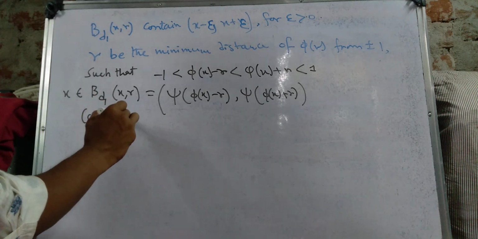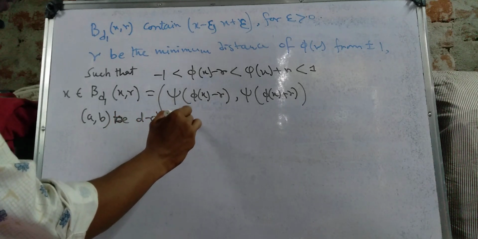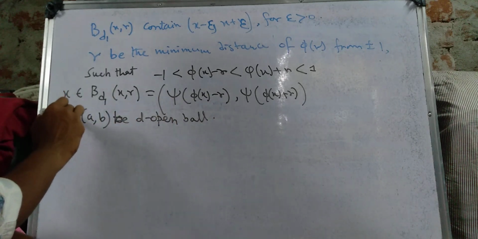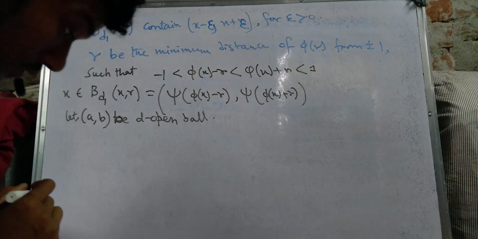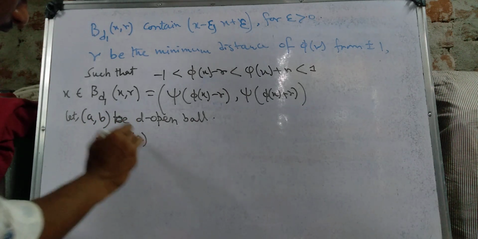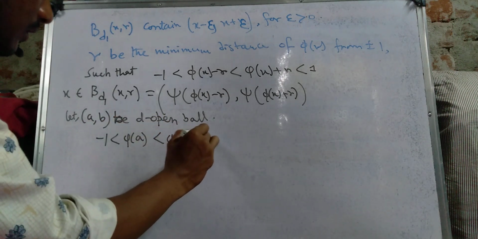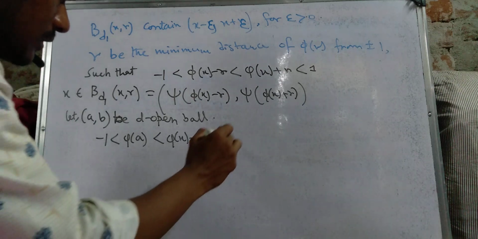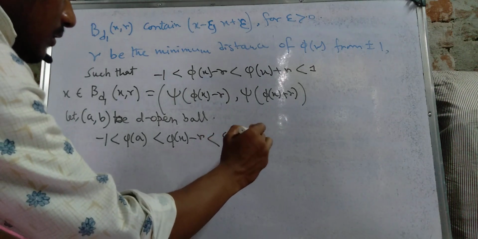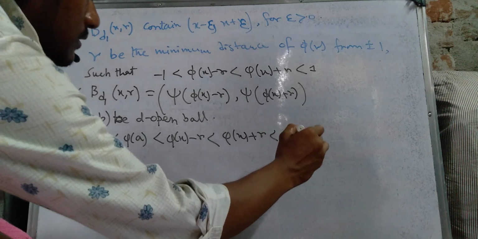Okay. Now let AB be the d-bar open ball such that minus 1 less than phi A less than phi x minus r less than phi x plus r less than phi B less than 1.